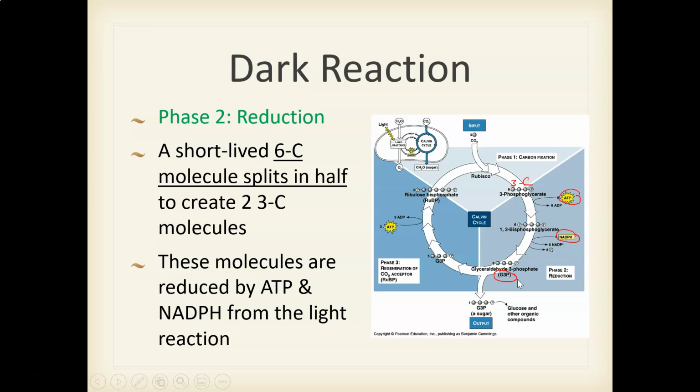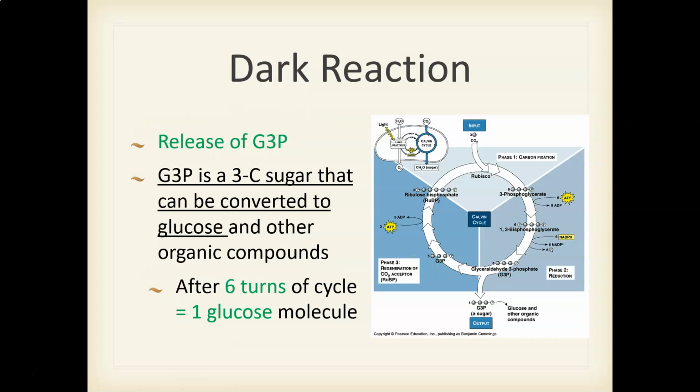Now, some of that G3P is able to come off of the cycle, but if you look, most of the G3P that we create ends up in phase 3. And phase 3 takes a lot of that G3P as well as some of that ATP. Okay, so G3P with the help of the ATP to then rebuild that 5-carbon sugar molecule, that RuBP, so that the cycle can keep going.